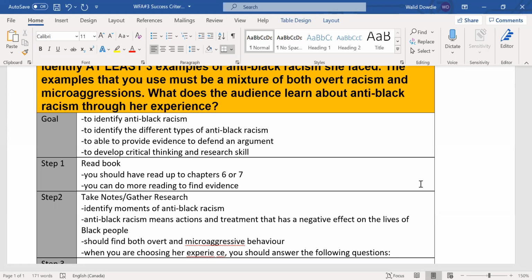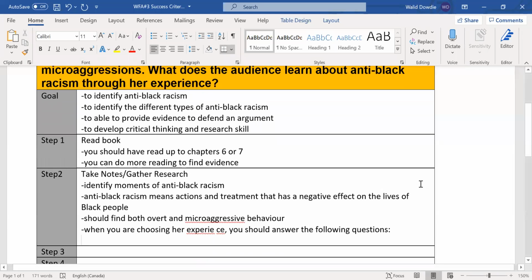This will help you identify whether the event you talk about is a good example of anti-Black racism. Which is one, what is happening?